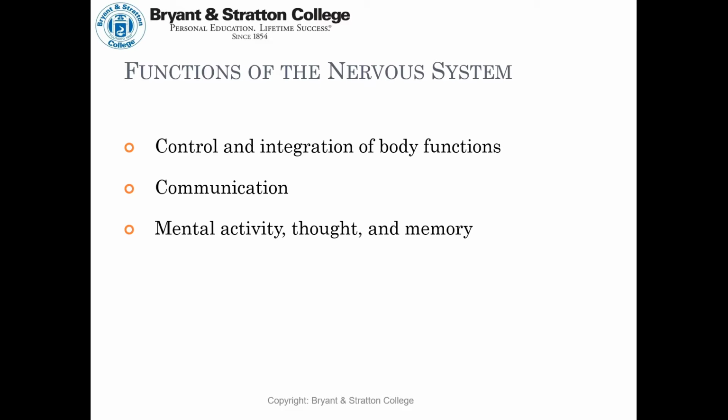So, how the nervous system functions, essentially there is change in electrical potentials that causes an electrical signal to be sent down the neuron. And when the electrical signal reaches the end of the neuron, called the synaptic terminal, it releases what's called neurotransmitters.